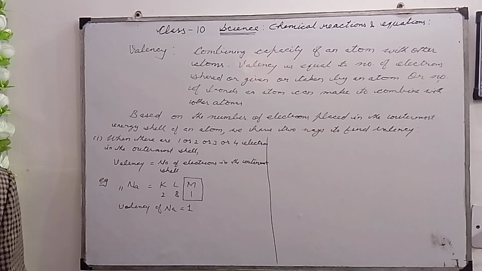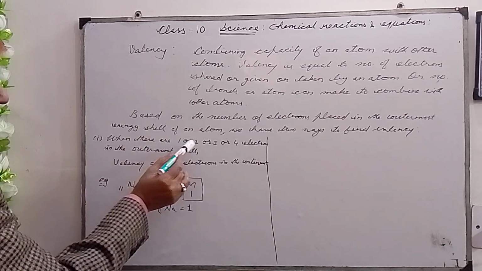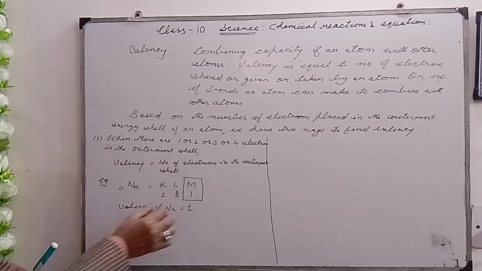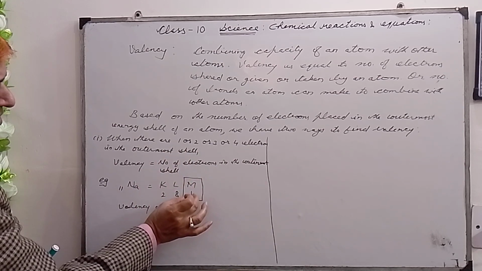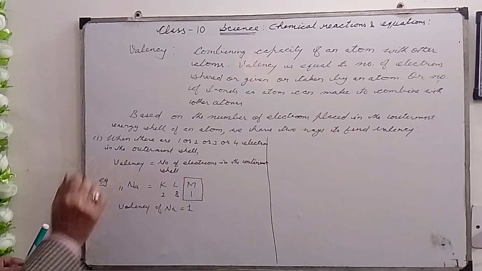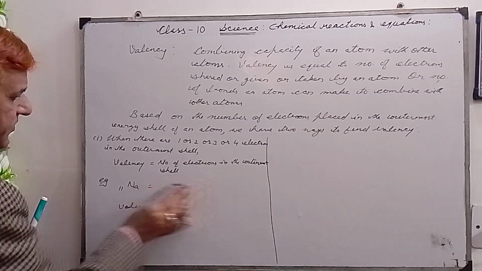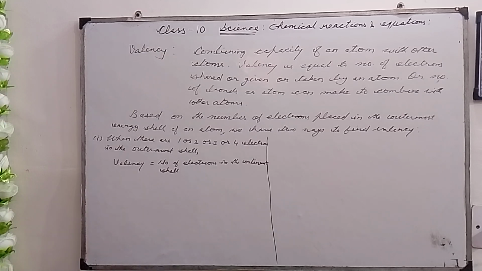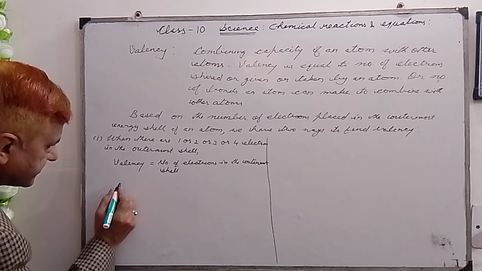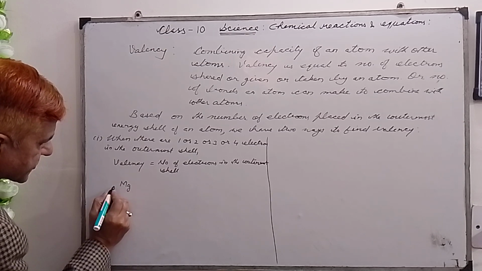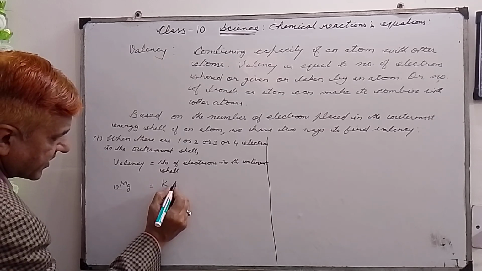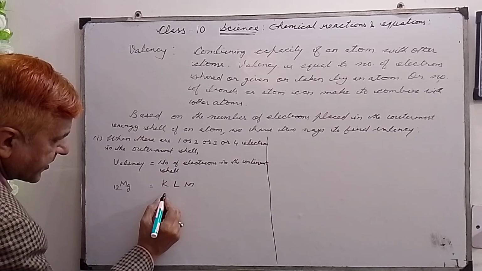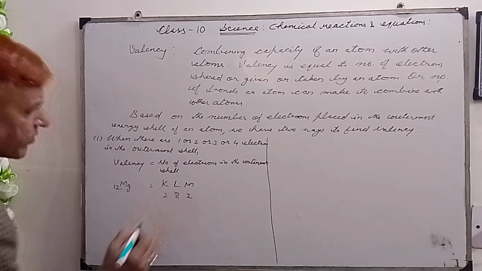Similarly, if we take magnesium, the atomic number is 12, so the electronic configuration is 2, 8 and 2.